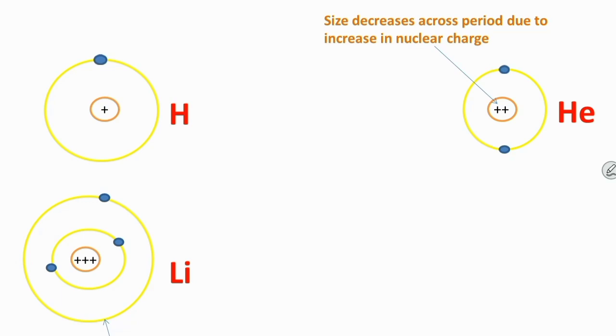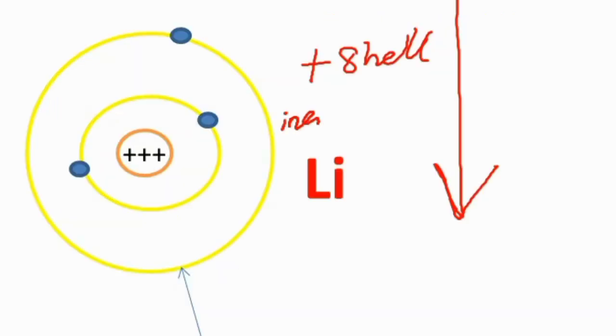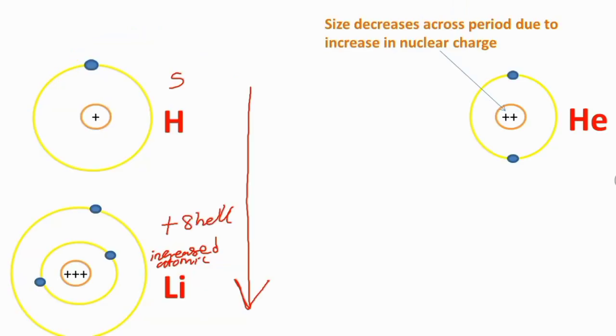Now why is this so? This is so because as you come down the group from top to bottom, there's an additional shell. Remember that this is just one shell, so there's an increase in size, an increased atomic size.